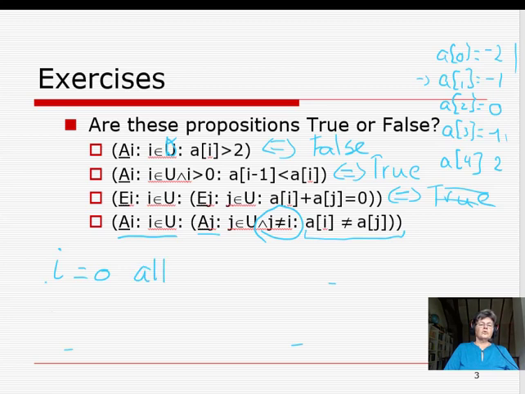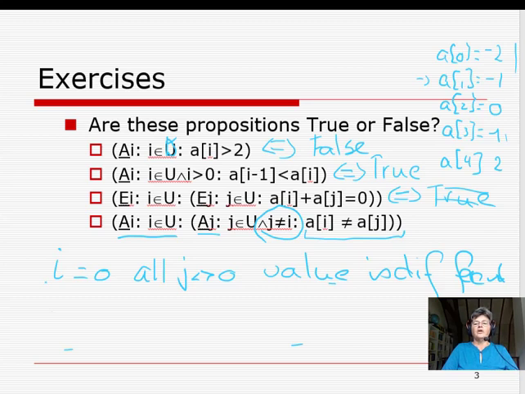So for all j's except 0, it's different. And in fact, we don't have to check all of them, because we know that all values are different. So if i may not use the same value, then all other elements are different. So this is equivalent with true.